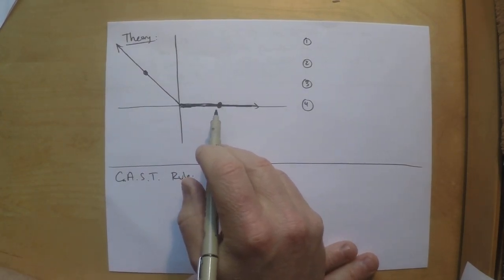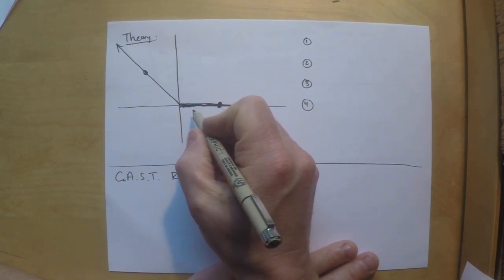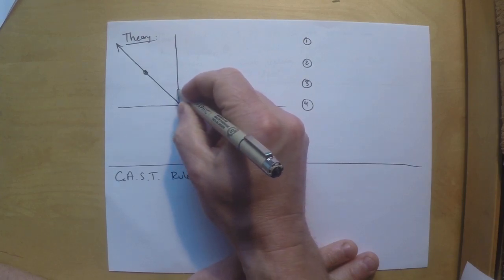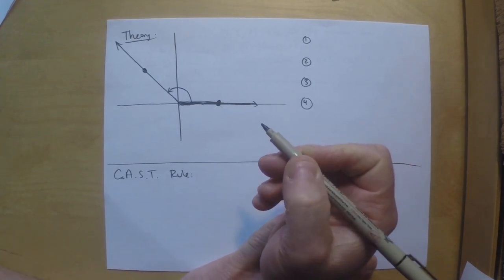Let's pretend that someone had given you an angle in standard position, like the ones we talked about last time, starting with the initial arm and ending in quadrant 2 as an example.